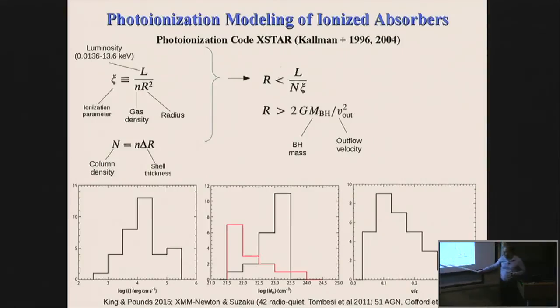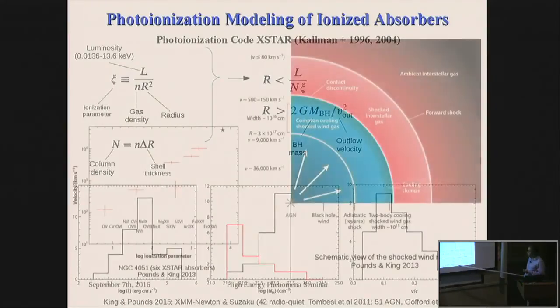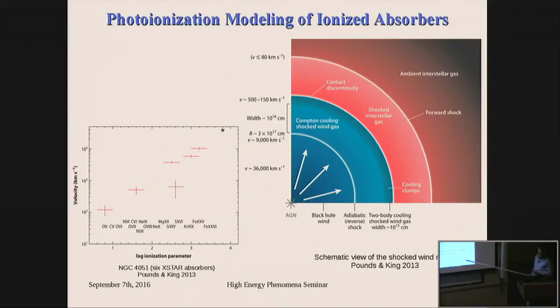The red line describes the lower limit, and the black line here describes the upper limit of column density. And here you see the range of outflow velocity where ultra-fast outflow has been detected. As you see, it is in the range from 0.1 to 0.2 of the speed of light.